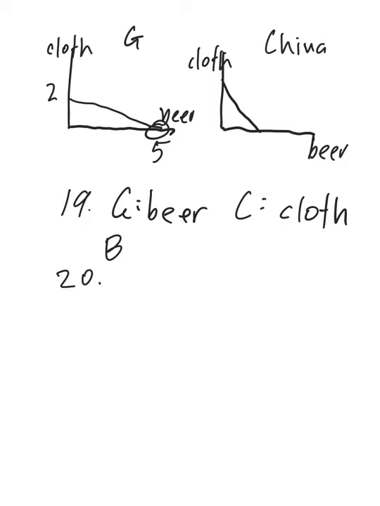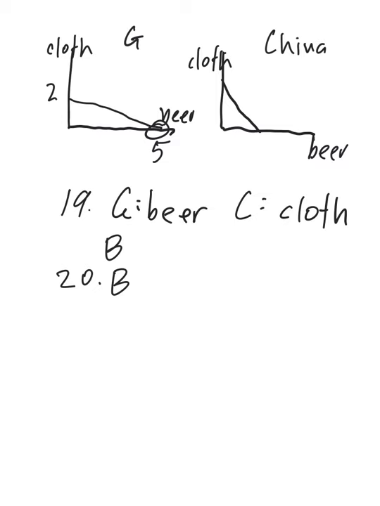Question 20 asks, what should China do? Well, China has a comparative advantage in producing cloth, so for question 20, the answer is B. China specializes in cloth and exports it. There is a little bit of a hint here that they gave Germany beer as its product.